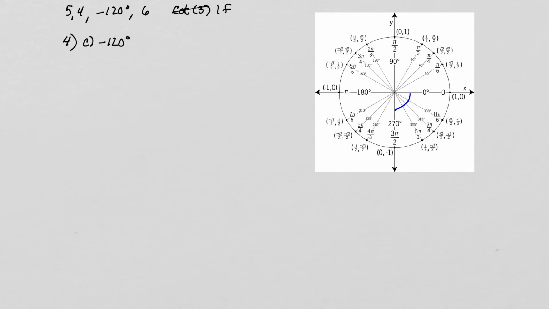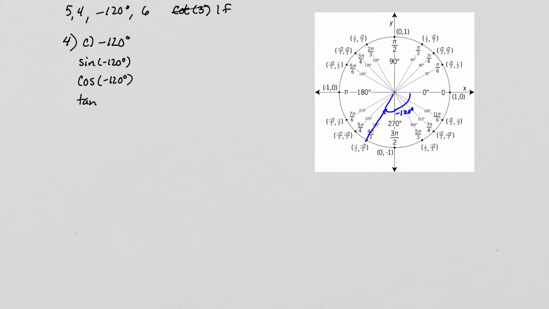And then if we go 30 more degrees, this here is minus 120 degrees. So minus 120 degrees is this spoke here, and it asks to find the exact values of the trig functions for those angles.